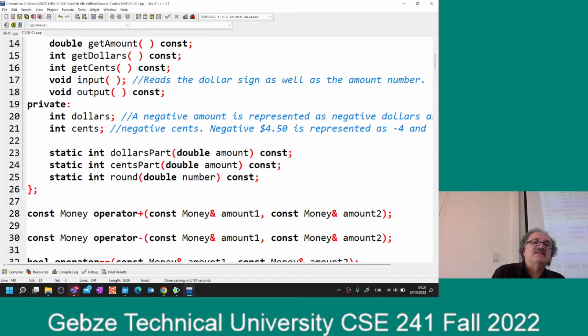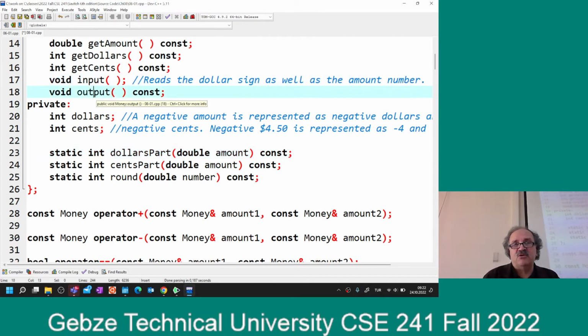Well, the rule is you cannot call non-static function members, or you cannot access the non-static data members of the same class, okay? So if there is another class and you are going to do stuff, then you are free to do it. Even in this dollars part, even though it's static, it cannot access this input and output.